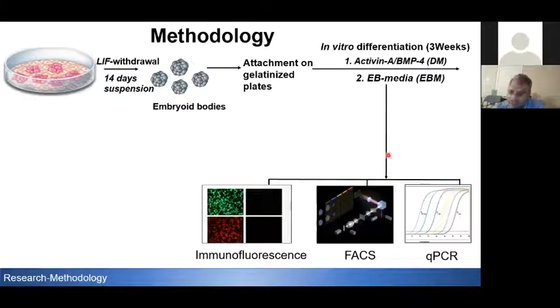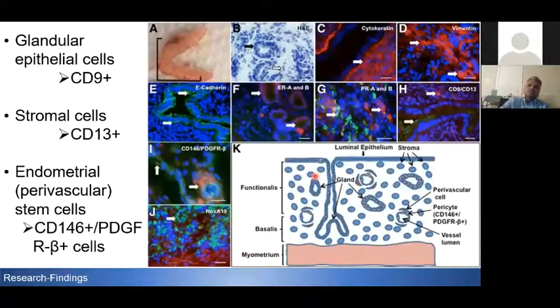After that differentiation, we wanted to look at the expression of different markers of endometrium. So we used immunofluorescence, fluorescence activated cell sorter or flow cytometry, and quantitative real-time PCR to look at the markers. So these are some characteristic findings.